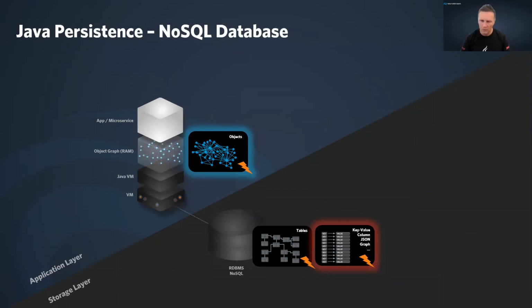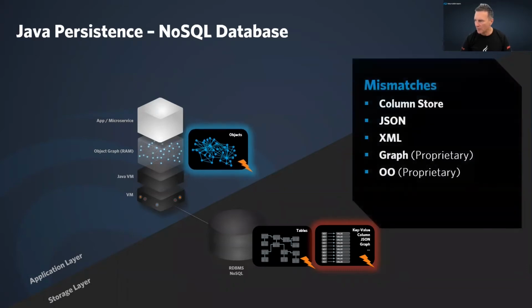So we have key value, column store, document-based JSON databases, graph databases, object-oriented databases, time series, and so on. But all of these data structures, data models or formats are incompatible with the memory model of Java. So same problems or challenges here as well.